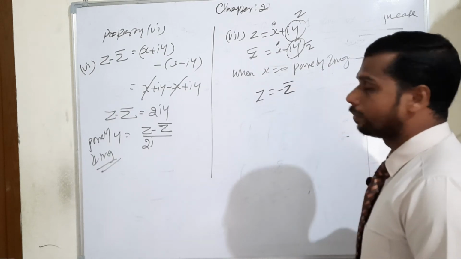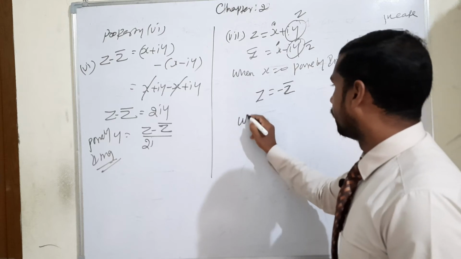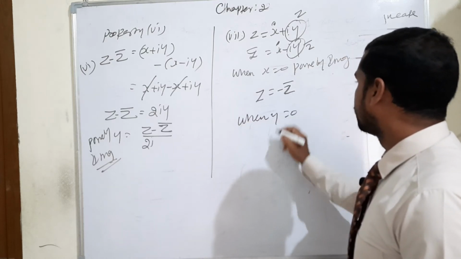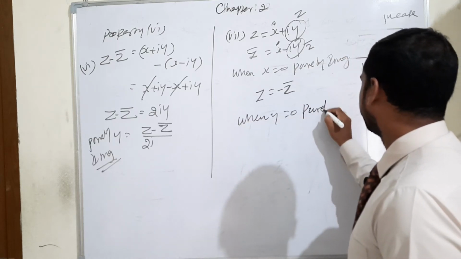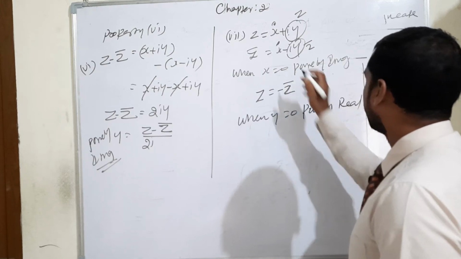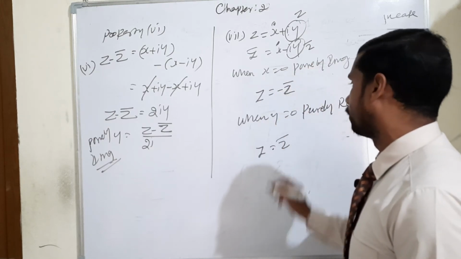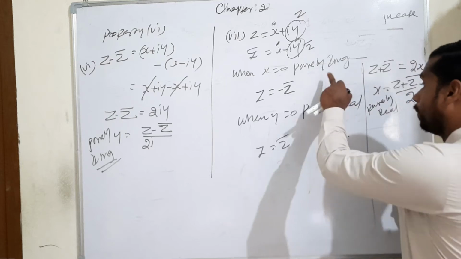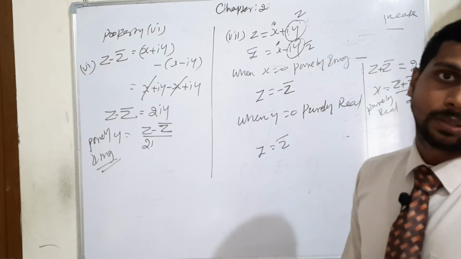When y is equal to 0, it is purely real, so we can say Z is equal to Z bar. That is one of the important differences between purely real and purely imaginary.